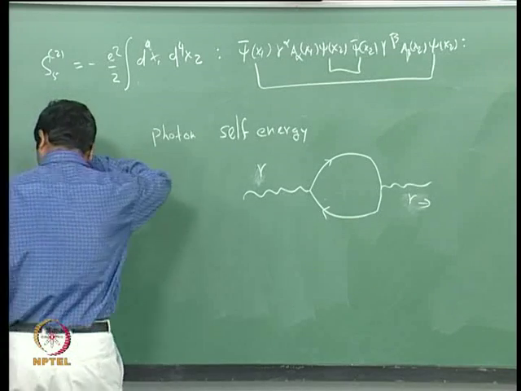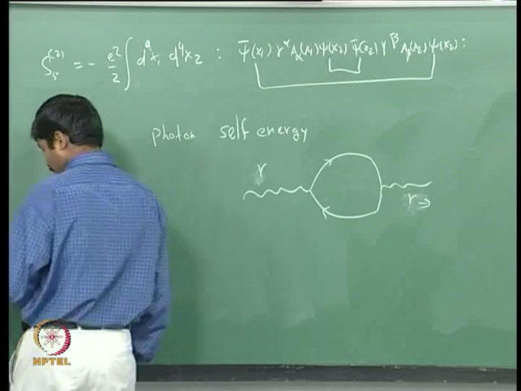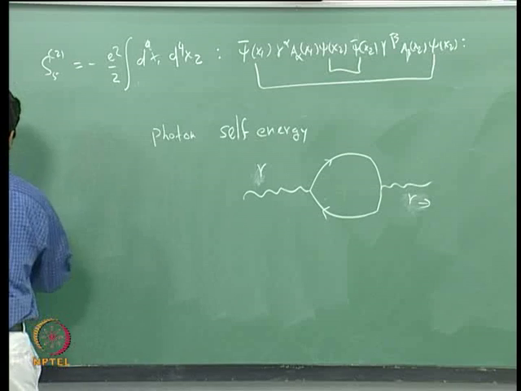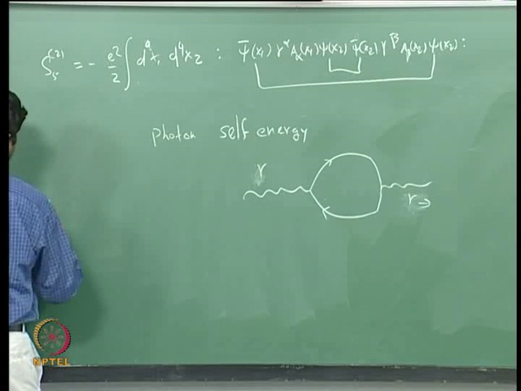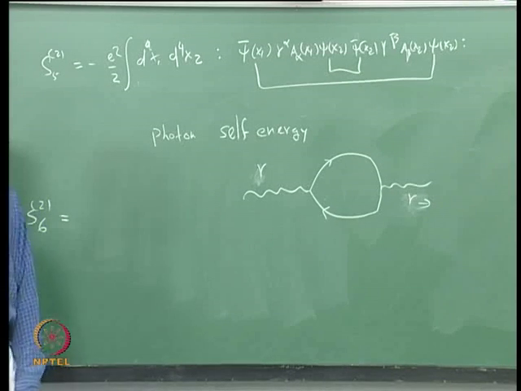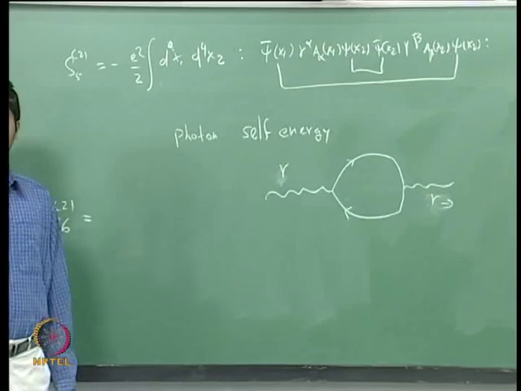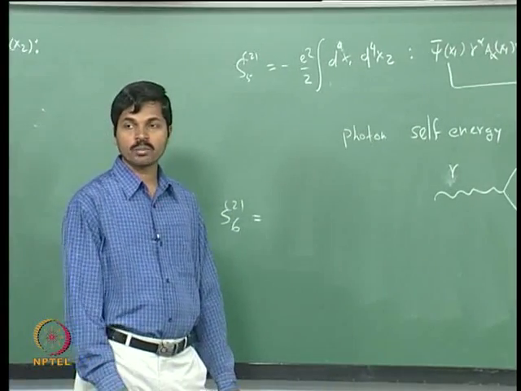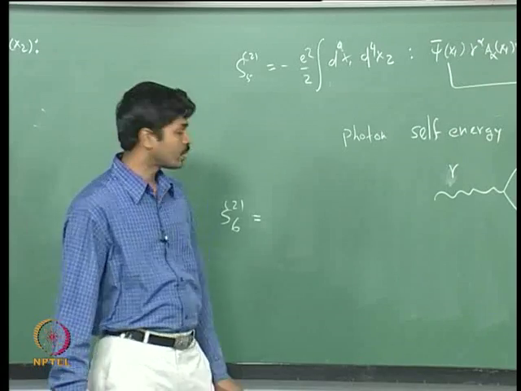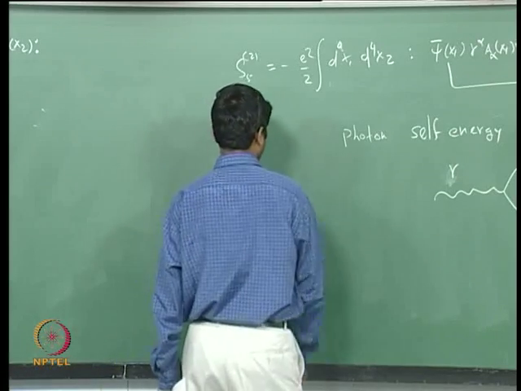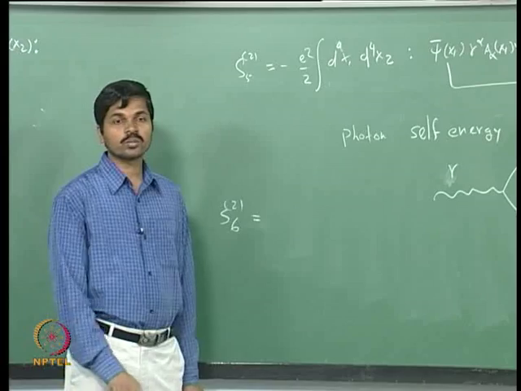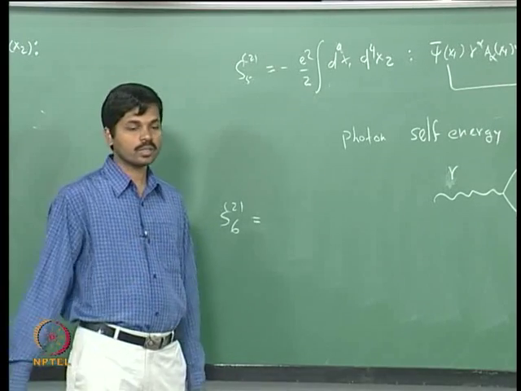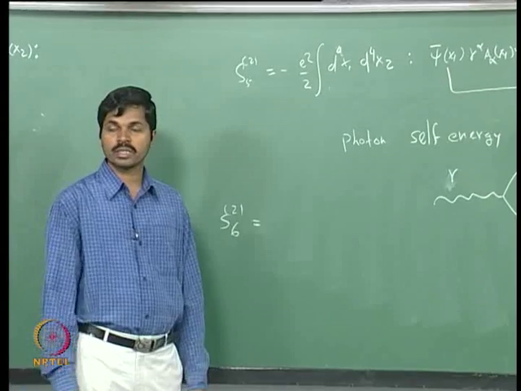Ultimately, at the end you have S26, where all the fields are contracted with each other. Okay, so there are no outgoing particles or incoming particles at all. So therefore, this term will not give a contribution to any physical process where you study scattering or decay of a particle or any such thing.